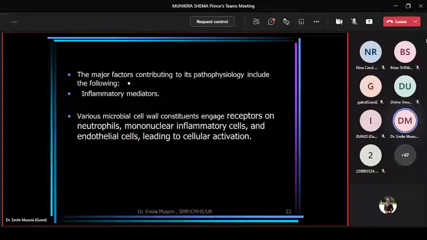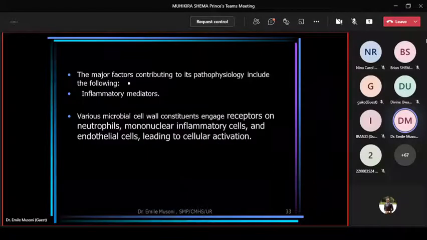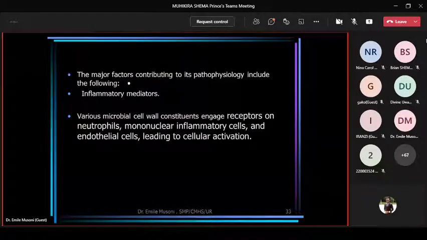The main factor leading to septic shock is inflammatory mediators. Various microbial cell wall constituents engage the receptors on neutrophils, mononuclear inflammatory cells, and epithelial cells, leading to cellular activation.